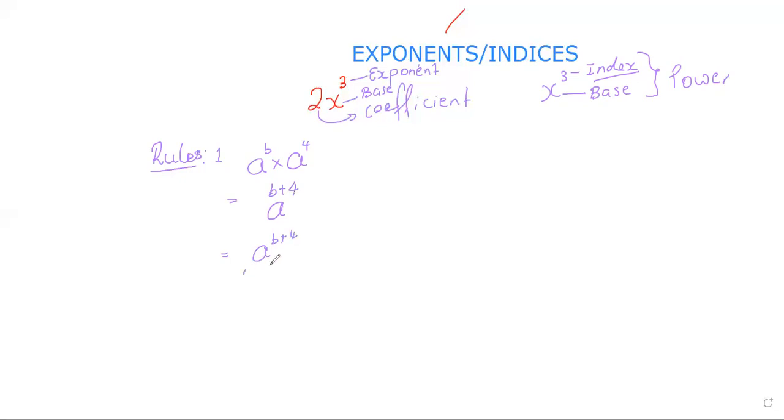Now look what has happened here. The bases are the same. Our base here is a, the base there is a. We write only one base and we add the exponents.